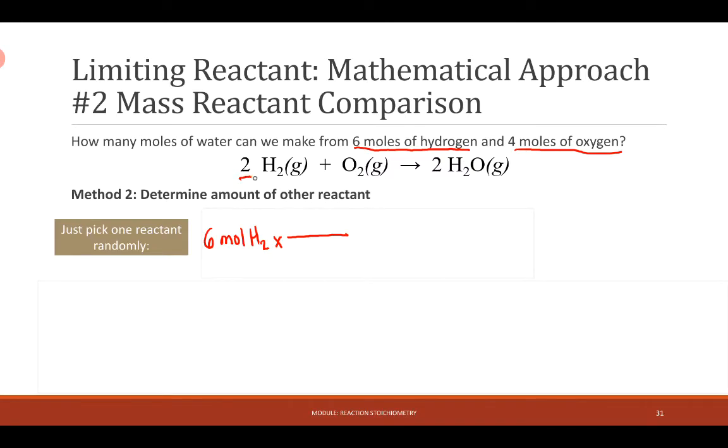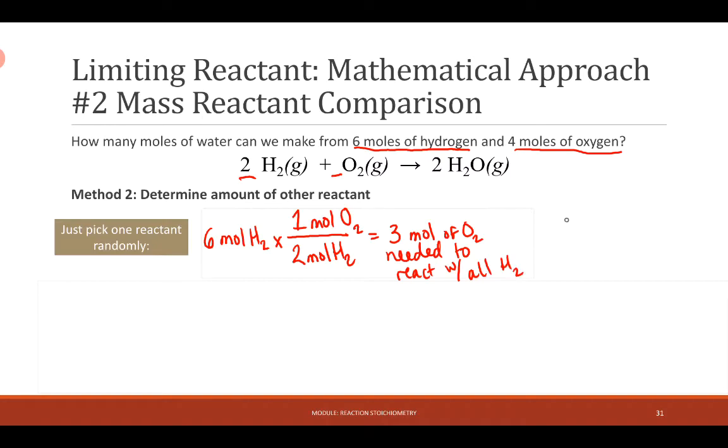So I'm going to be comparing hydrogen to oxygen. I need to cancel out my moles of hydrogen. I need to get into moles of oxygen. And that tells me I'm going to need 3 moles of O2 needed to react with all the H2. And so I have 4 moles of O2.